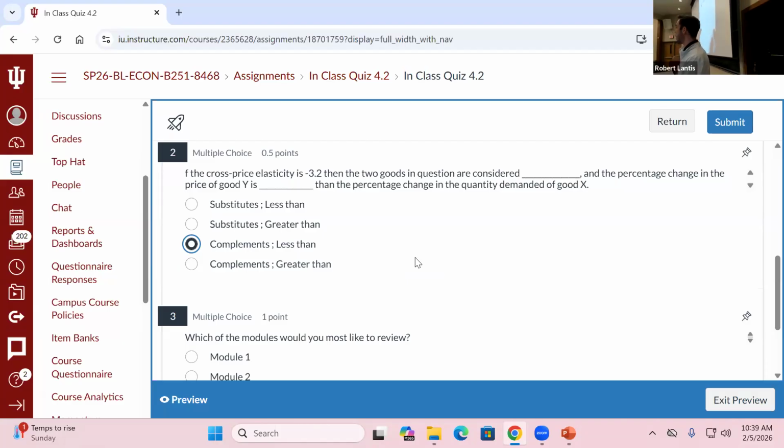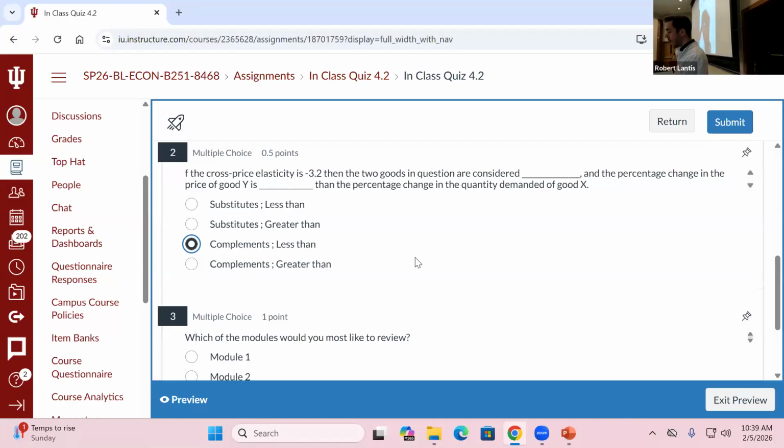I know that tells me they are complements, right? Or I could think about what I'm measuring with a cross price elasticity. Remember, what's in my denominator? The thing that is changing, so the price of the other good. What is responding? The amount that people are buying of this other good, the X good, as opposed to the good that had a change in its price.